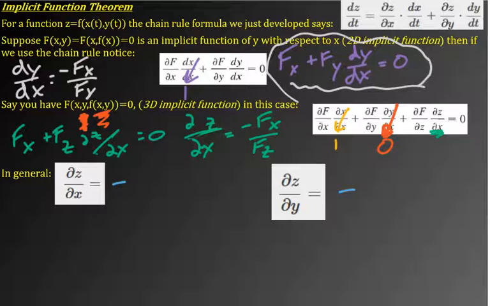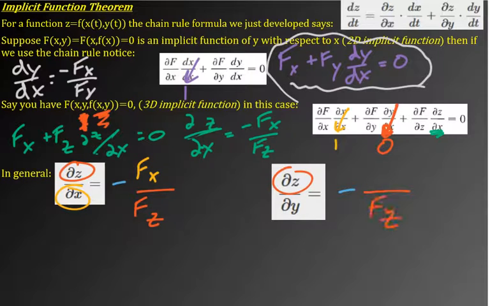And then this x is really capital F with respect to x, so it's the full implicit function. And then you have this down here, f with respect to z. And likewise, this over here, and then this up here.